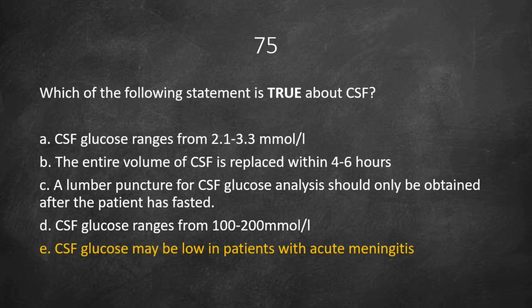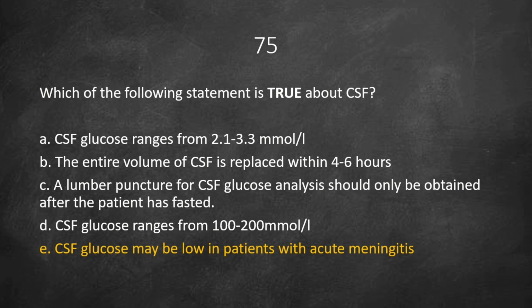If we look at the options, option A says CSF glucose ranges from 2.1 to 3.3 millimole per liter. This is incorrect. Normal CSF glucose levels are typically in the range of 2.5 to 4.5 millimole per liter. Then if you look at option B, the entire volume of CSF is replaced within 4 to 6 hours.